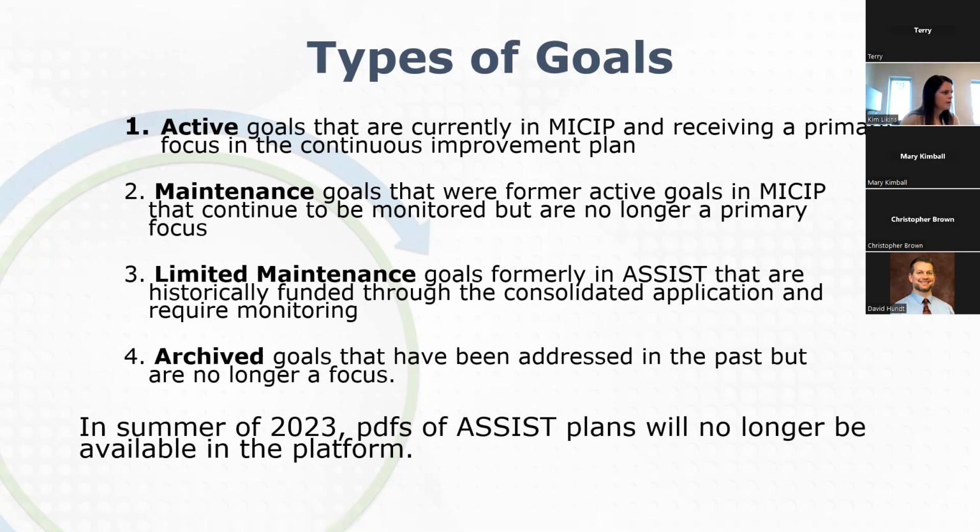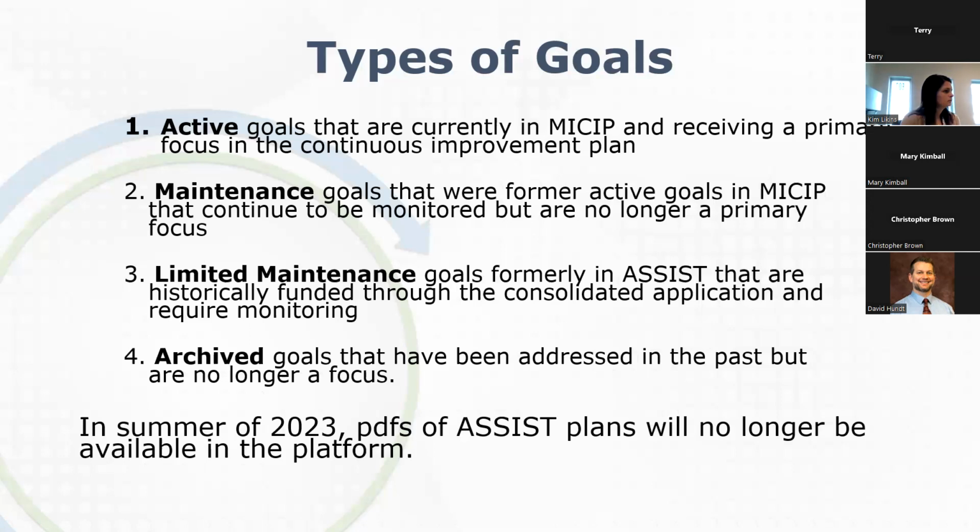A maintenance goal was formerly an active goal that you succeeded in evaluating and said, yes, we've achieved that goal, but you want to continue to monitor it because, for example, your active goal made some huge changes and you want to make sure bad habits don't slip back in.